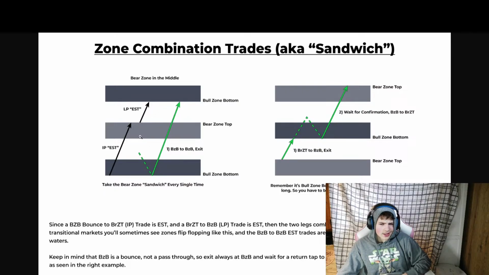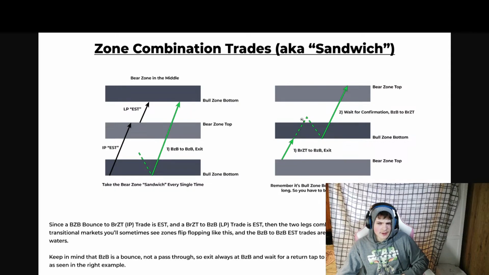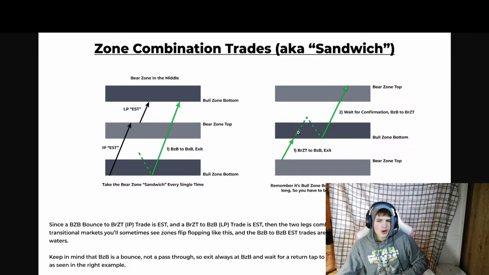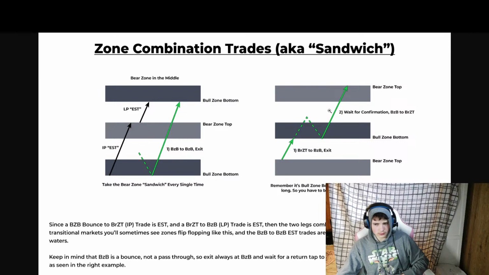There's an example like this, you see, it looks like a sandwich. You see, bun, and patty. Take this, and you push through until the next bull zone. If you have markets like this, where it's bear zone, bull zone in the middle, you wait for a retest off bear, go to bull zone, wait for it to go down a bit, retest again, hit bear zone top.